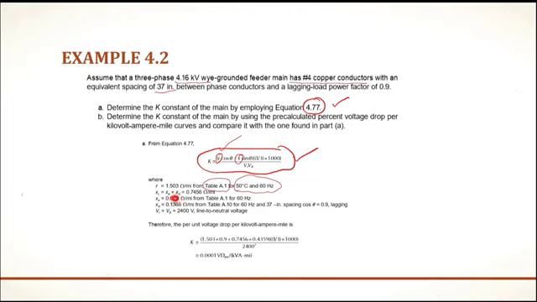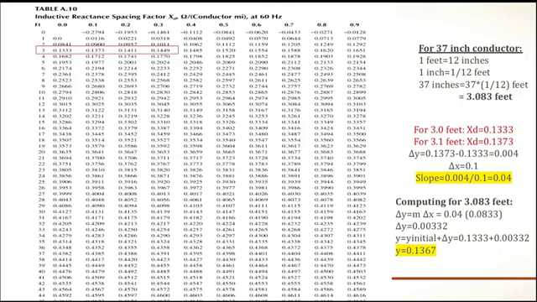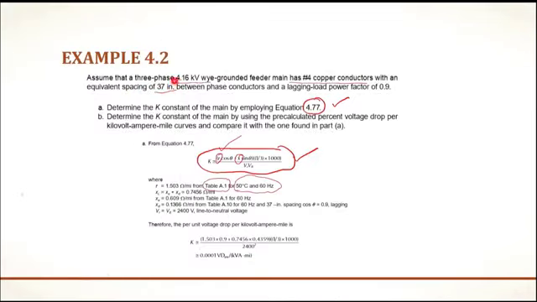Now in order to determine the second quantity, that is inductive reactance spacing factor, we are going to use table A.10. So now let's see table A.10. The size of the conductor is 4 and the spacing is 37 inches between the phase conductors. This spacing is important as we are going to compute the inductive reactance spacing factor.